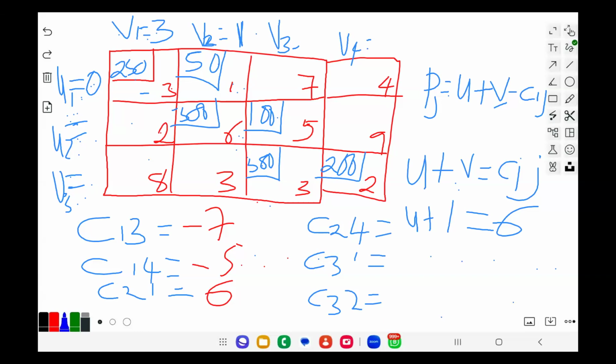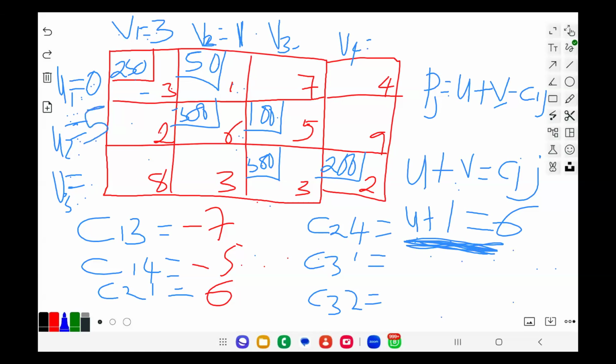So what number can you add to 1 to get 6? In other words, make U the subject of the formula. Work out U. Simply say 6 minus 1, you get 5. That's how you find the 5.